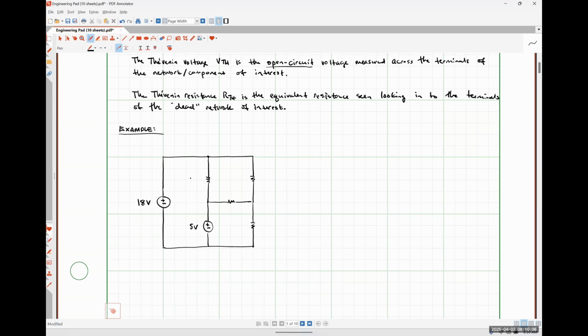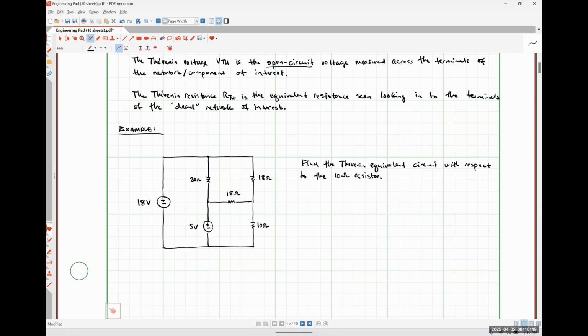Let's make this a 20 ohm resistor, an 18 ohm resistor, a 15 ohm resistor, and a 10 ohm resistor like so. And I want us to find the Thevenin equivalent circuit with respect to, or as seen by, the 10 ohm resistor, okay?